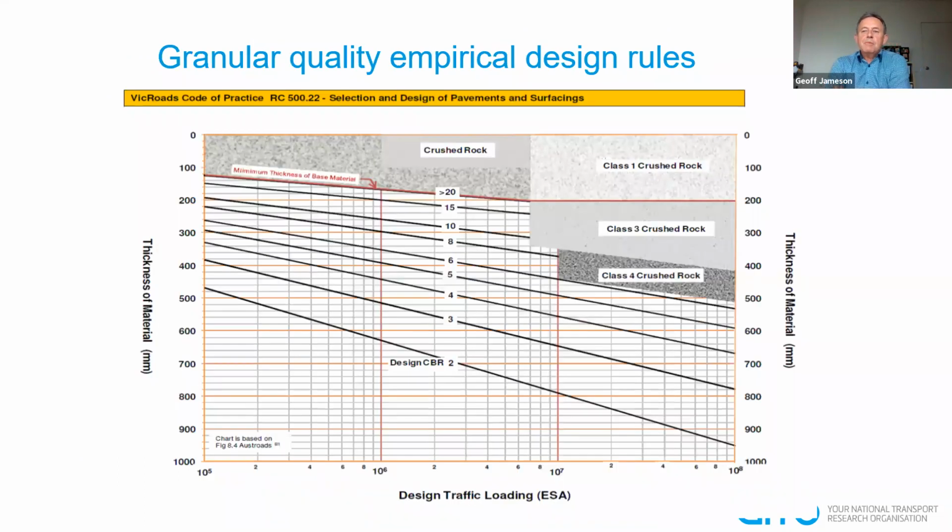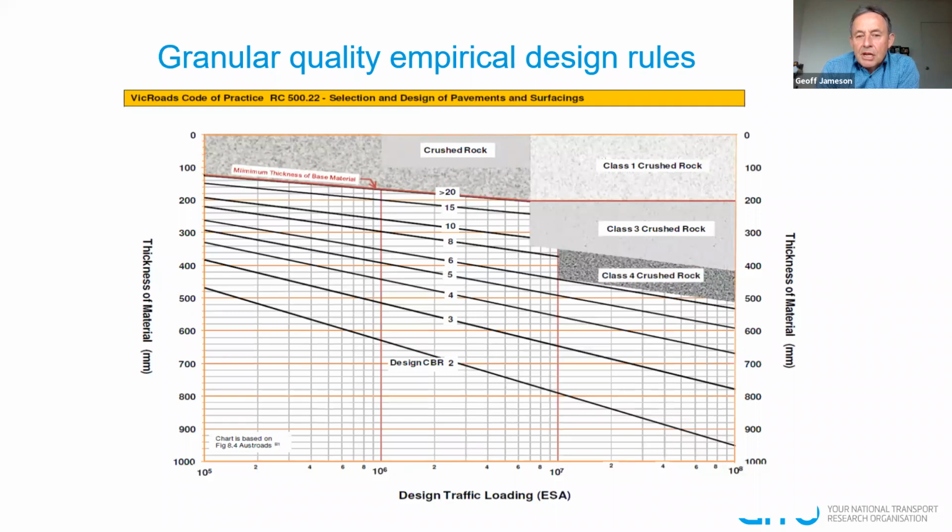This is an example of the empirical information VicRoads provide in their unbound granular chart. Instead of the Austroads system just having a line for base course and saying this is the minimum quality of base course required, VicRoads tie the qualities of materials to their specifications and say, particularly as the traffic loading increases, there are minimum thicknesses of different qualities required, regardless of what the chart says.